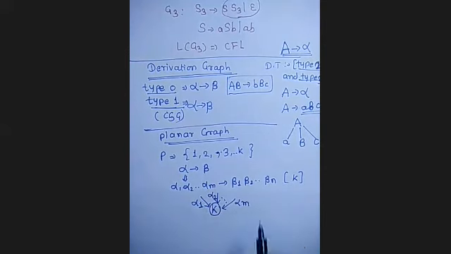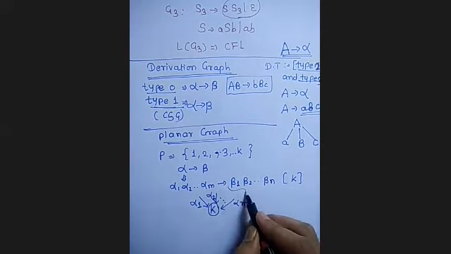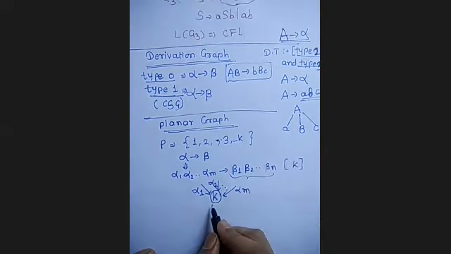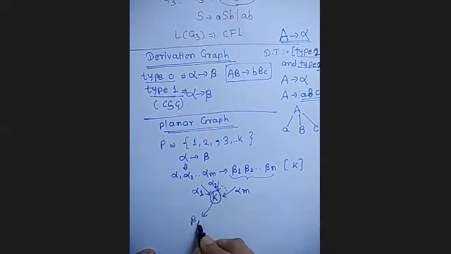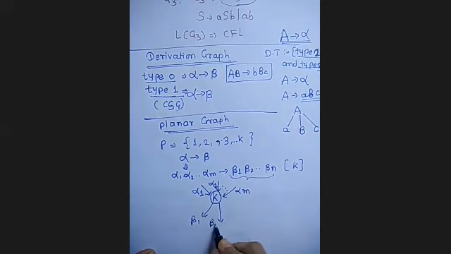The outgoing edges are for the right hand side symbols, beta 1, beta 2 up to beta n. This is how we represent it in the directed graph.